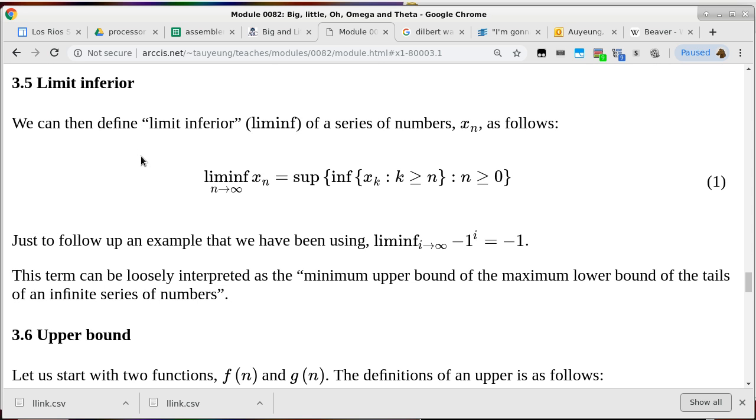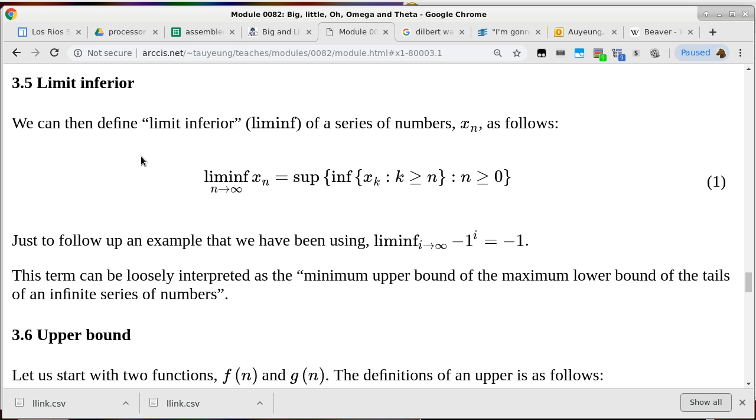Now the individual smaller points that you're dealing with are the maximum lower bounds. You collect all of those, and then you ask, what is the minimum upper bound of all those points? That answer becomes the limit inferior.